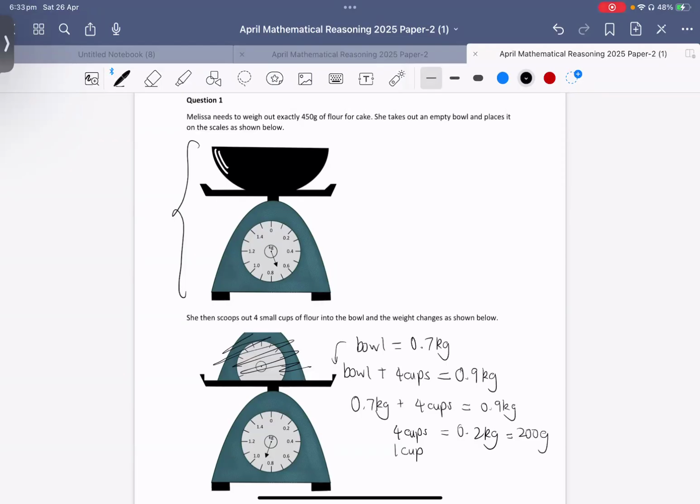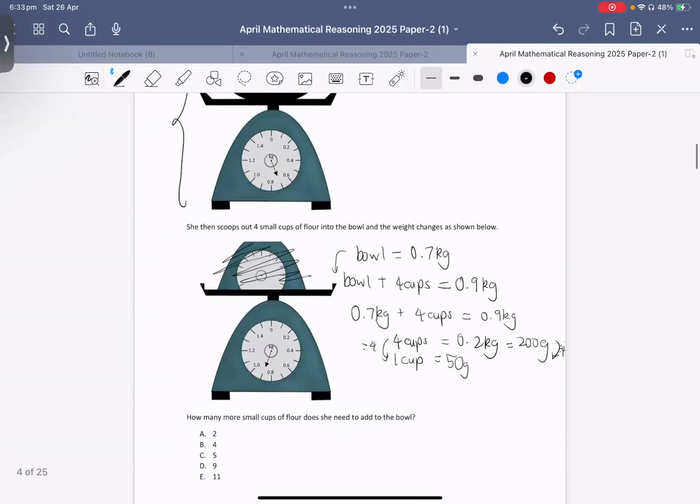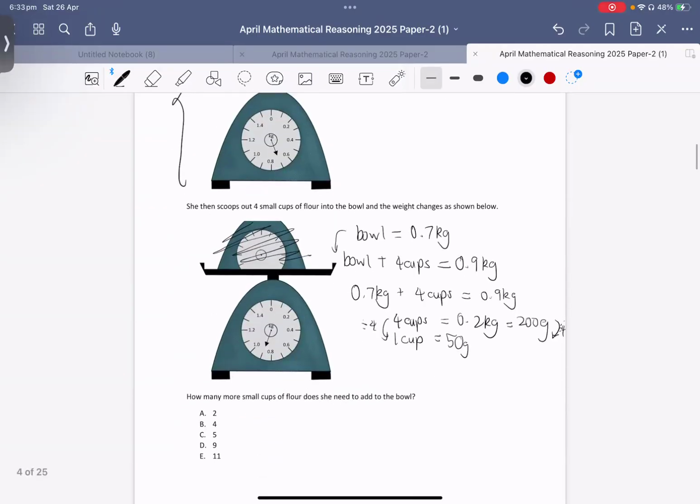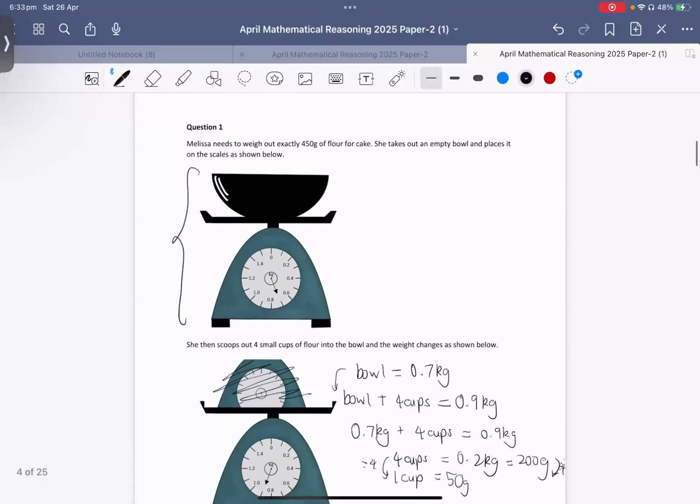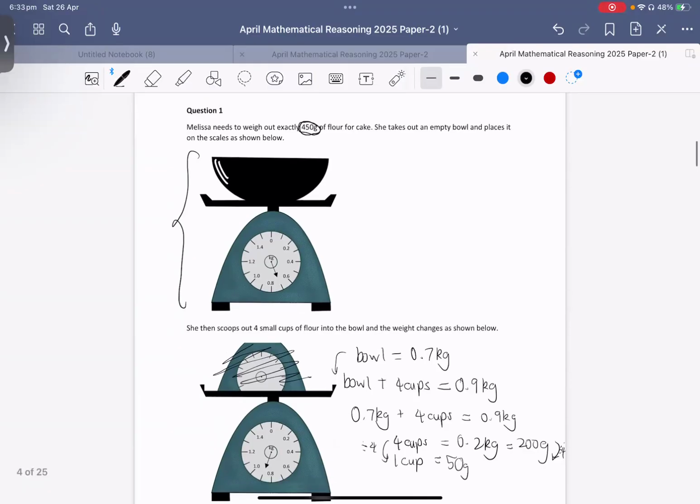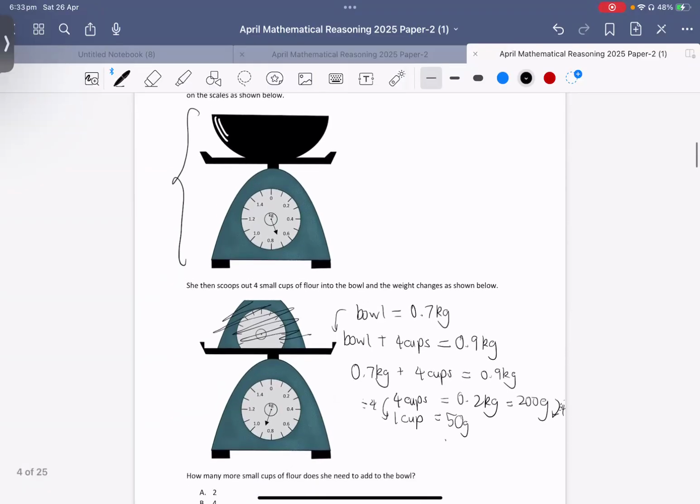If 4 cups is 200 grams, 1 cup would be, we divide both sides here by 4, and 1 cup would be 50 grams. Okay, now if you look at what the question is looking for, it says, how many more small cups of flour does she need to add to the bowl? If we remember, the question said she needed 450 grams, right? So 450 grams would be how many cups if 1 cup was 50 grams?